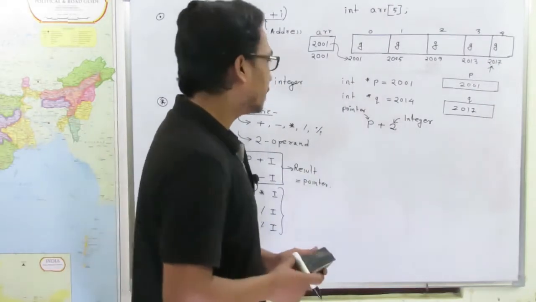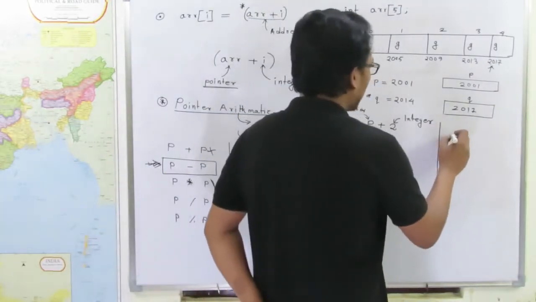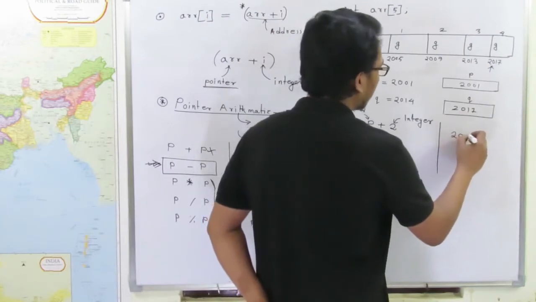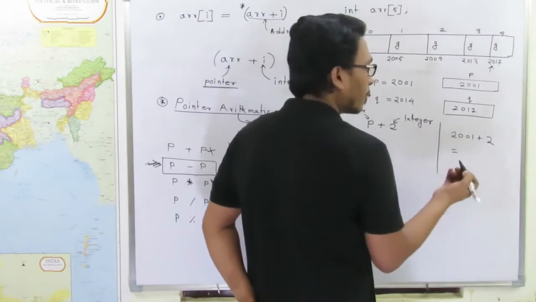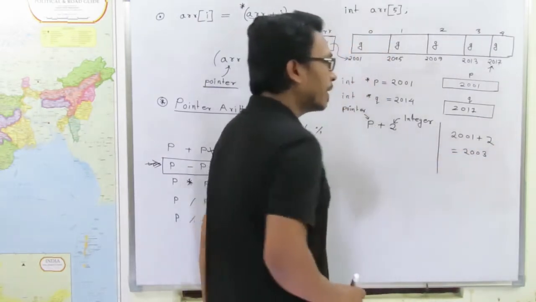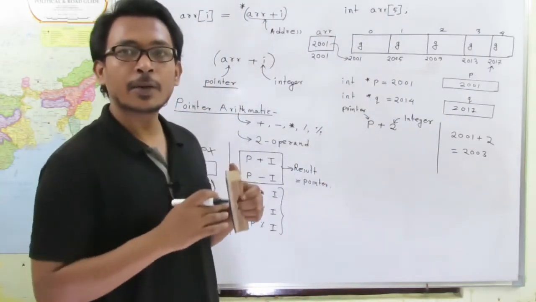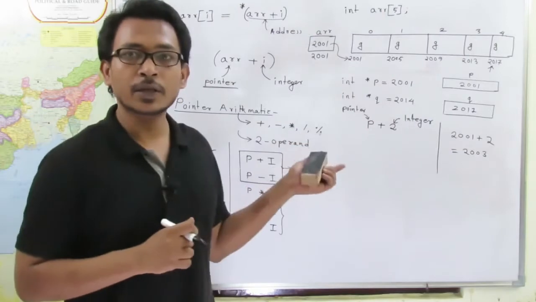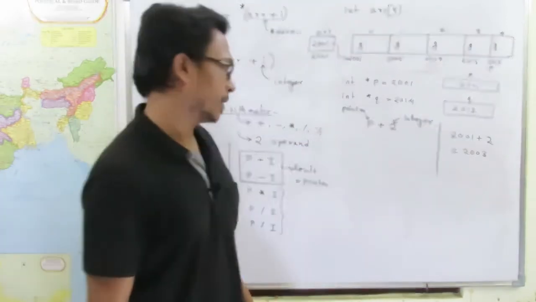Look, if this were a normal arithmetic, it would be just a normal addition, so it would give us 2003. But that is not the scenario in case of pointer arithmetic. In pointer arithmetic, how the system performs this operation is a little bit different. So let's see how the system performs it.